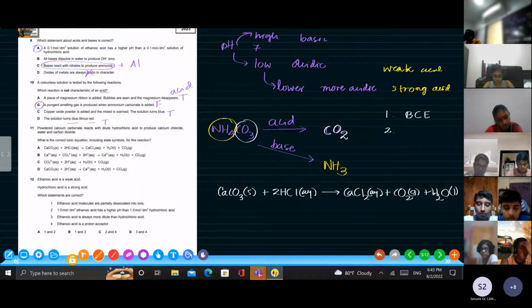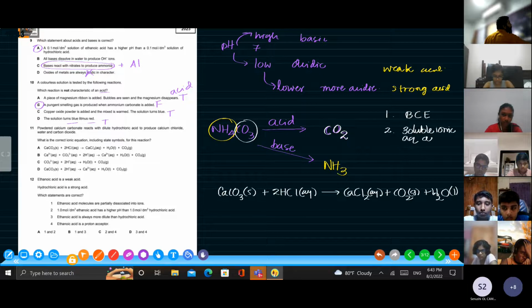Two, aqueous acids split into ions. Soluble ionic, that means aqueous ionic, and aqueous acids split into ions.